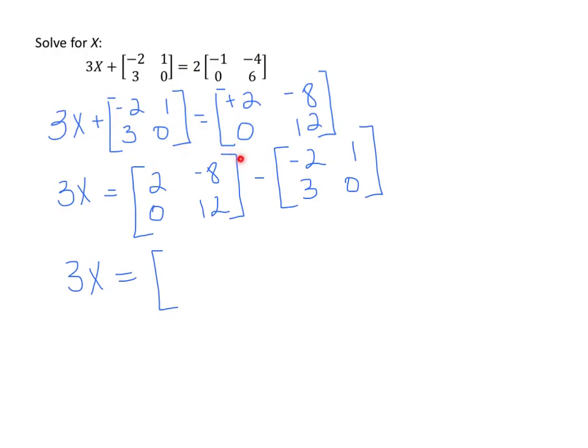So 2 minus negative 2, 4, negative 8 minus 1, negative 9, 0 minus 3, negative 3, 12 minus 0, 12. Now the last thing I do, most of us want to divide by 3, but what we're going to do instead is multiply by a third on both sides.